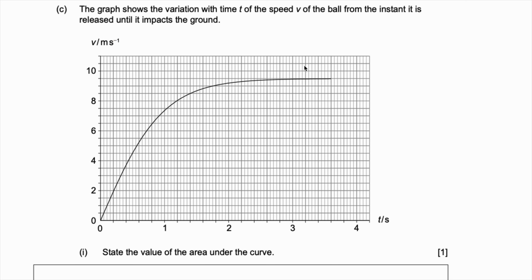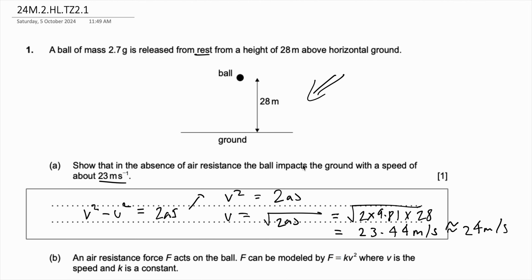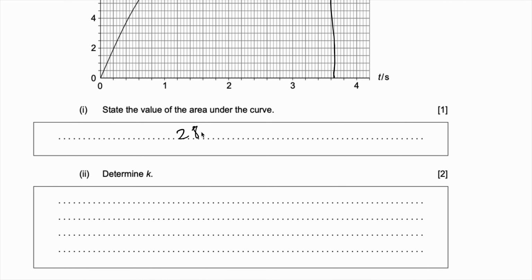So from the instant it is released until it impacts the ground, this whole area under the graph will tell us the total displacement. And we know that the displacement was 28 meters. So 28 meters is our answer. Now they tell us to determine k.